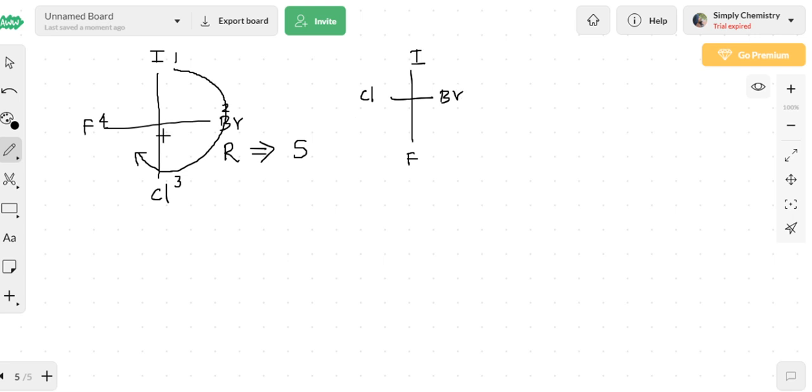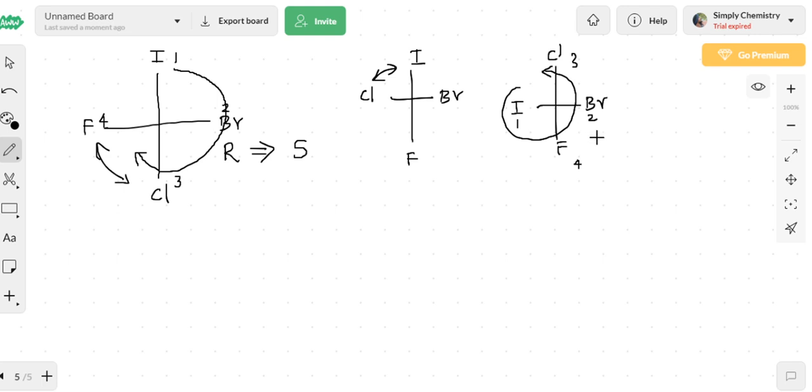So we have done the first change, we have exchanged these two. So second change, we are exchanging these two. So we're going to get fluorine, bromine, argon, and chlorine. So assigning numbers 1, 2, 3, and 4, you could see that it is going counterclockwise. Yes.